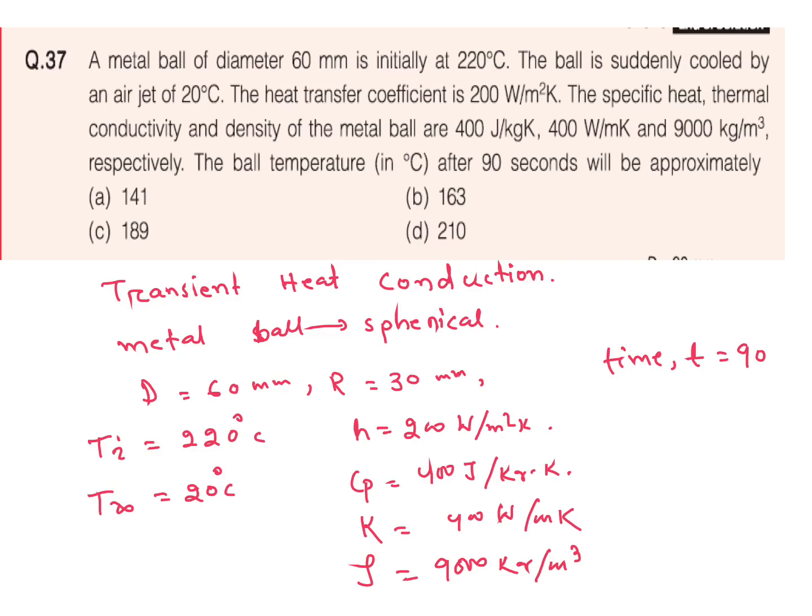So put the formula. T minus T infinity, the T value we have to find out after 90 seconds: T minus T infinity over Ti minus T infinity equals e to the power minus h As divided by rho V Cp into t.